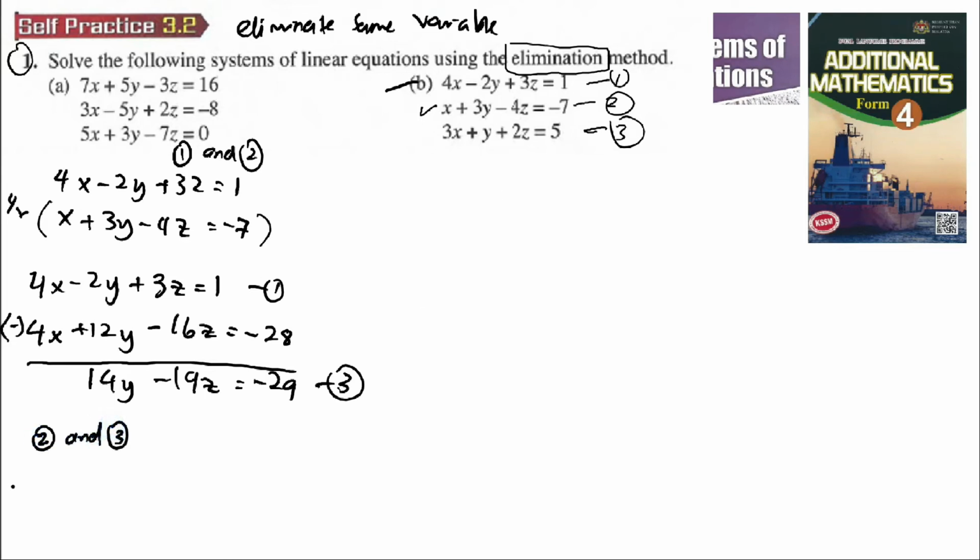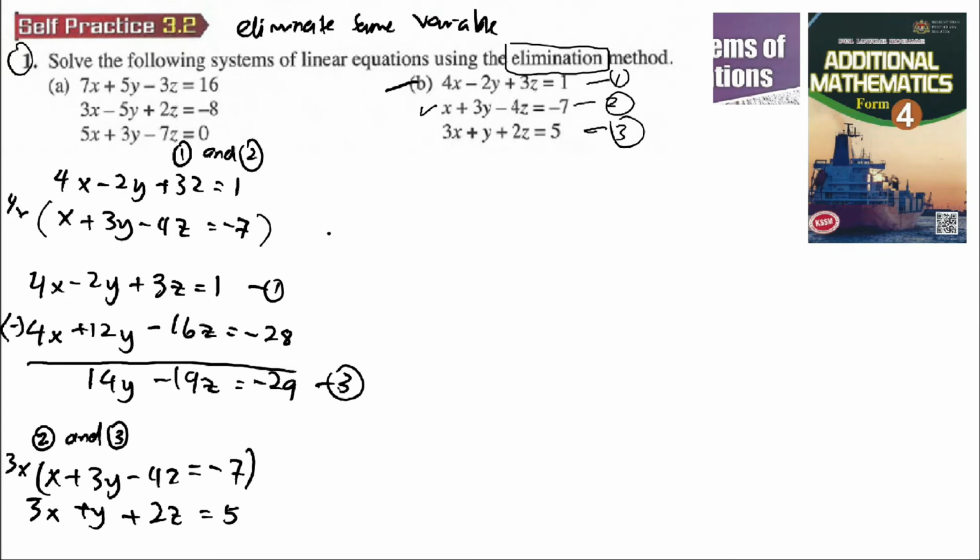So here for 2 you have x plus 3y minus 4z is equal to negative 7. So here you have 3x plus y plus 2z is equal to 5, right? To eliminate x, you see here this one is 3x, this one is x. So I just have to multiply this one with 3 so that I can make the x equal.